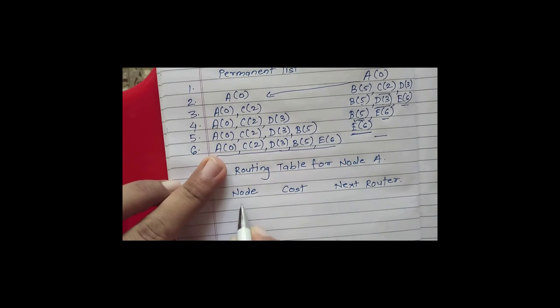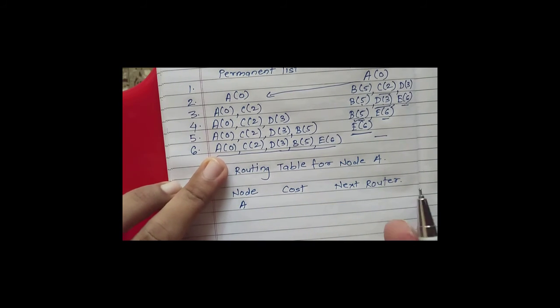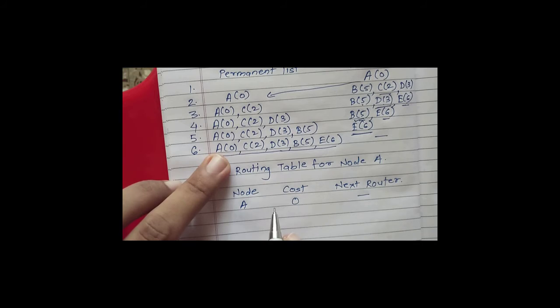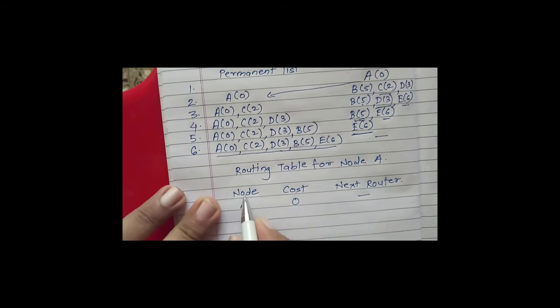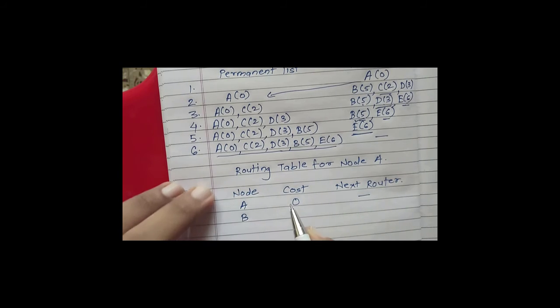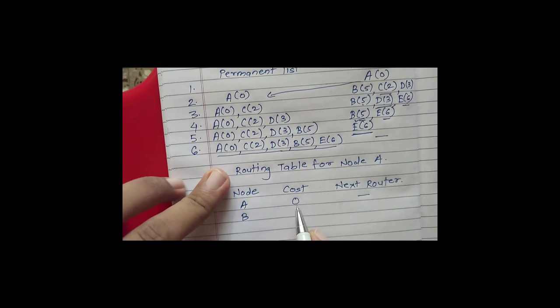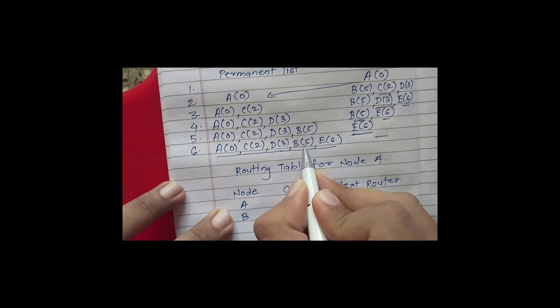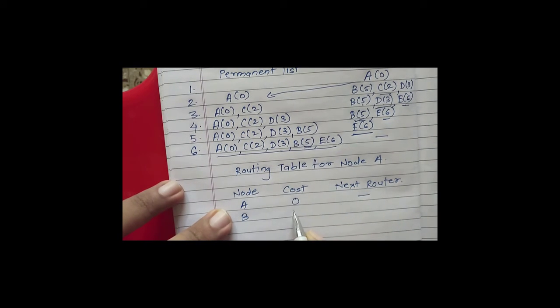So for node A, the cost to reach node A from node A is 0. Next router is not applicable. Next node is B, the cost to reach node B from node A is 5.